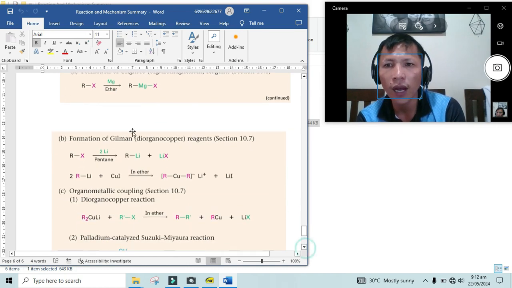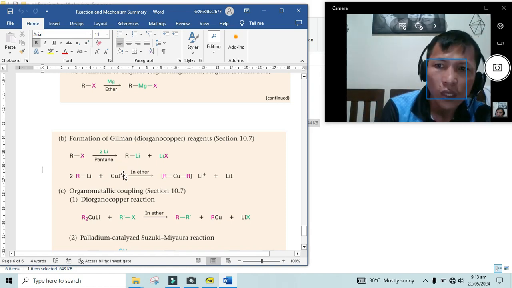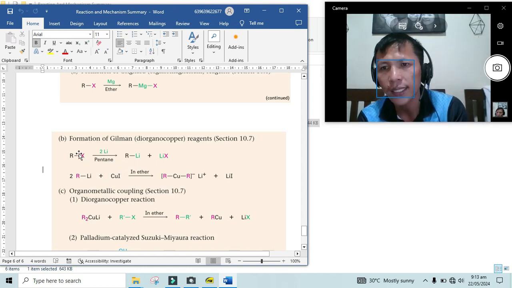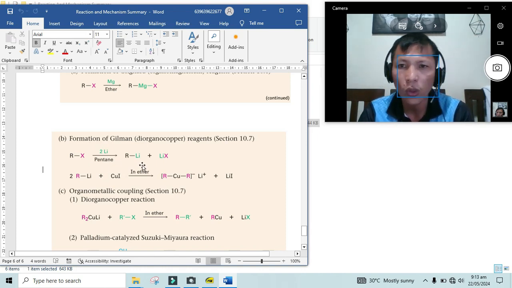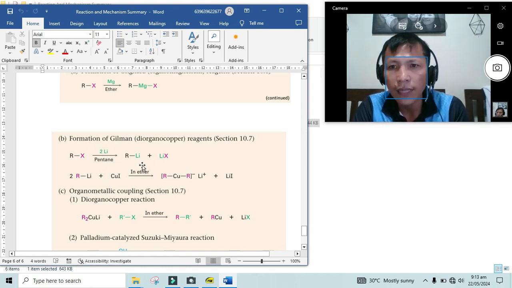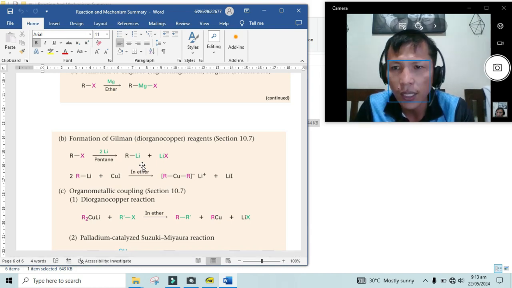You have an R and X, meaning an organic compound, whatever, and it has the X, meaning the halide. It has to react with 2 moles of lithium. So that's the condition you have to meet. Meaning, if I give you a reaction, it should meet that it has this structure, and then you have 2 moles of lithium as a reactant, a main reactant usually.